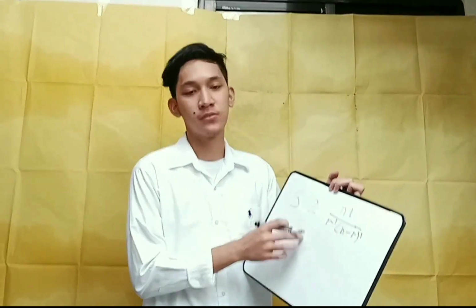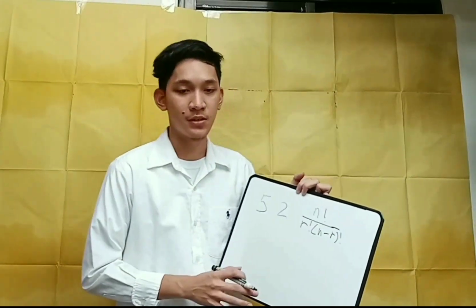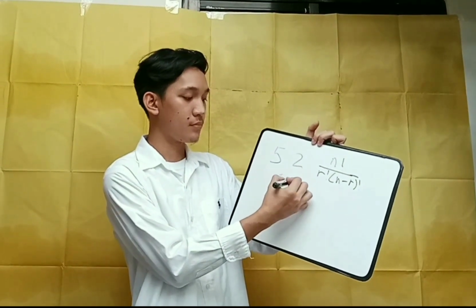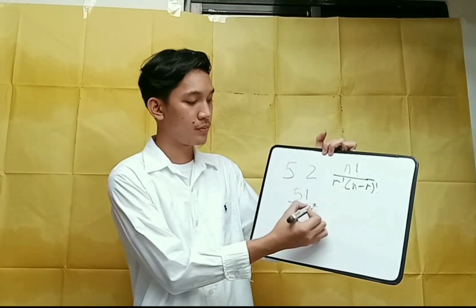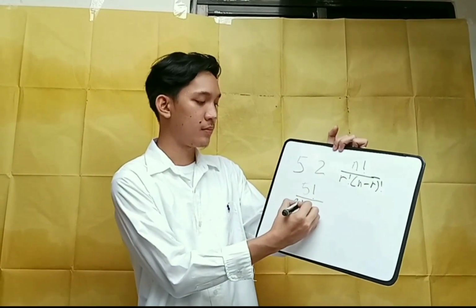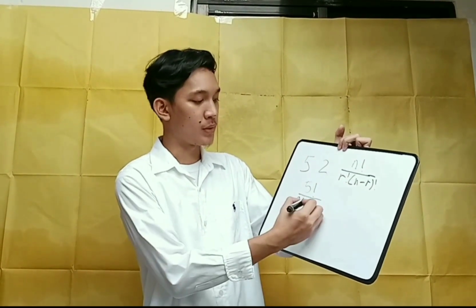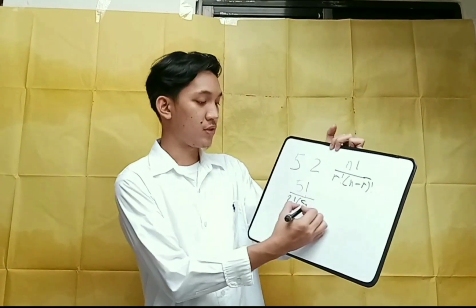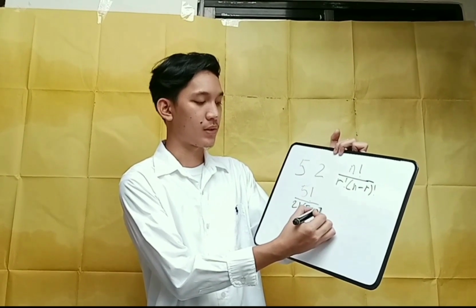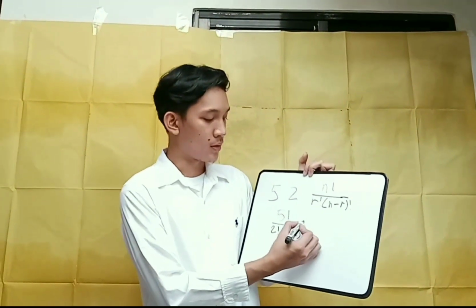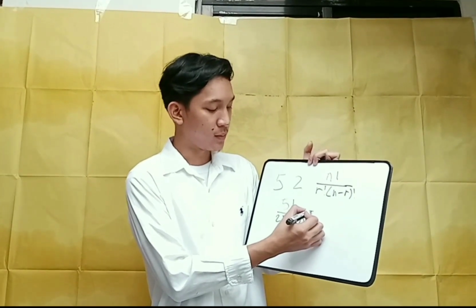Now I'm going to solve the problem that I mentioned earlier, where n is 5 over r, which is 2 factorial. Next is the parenthesis and 5 minus 2 factorial. We're going to simplify.